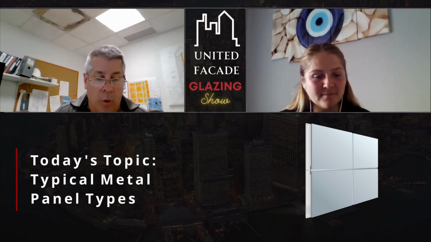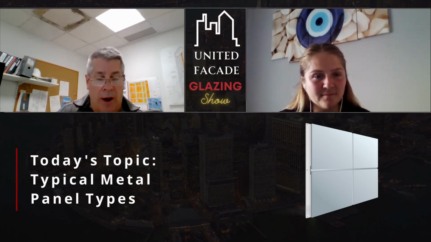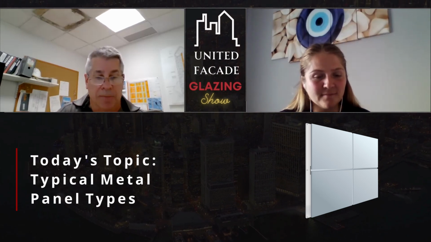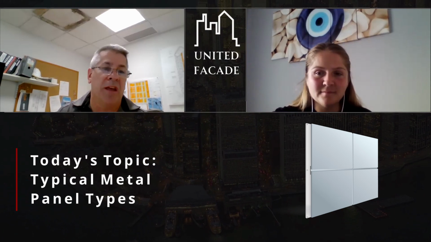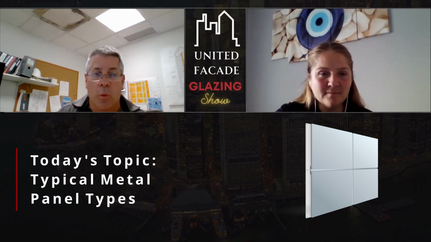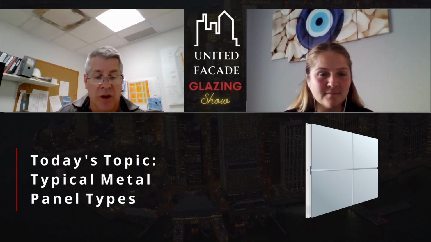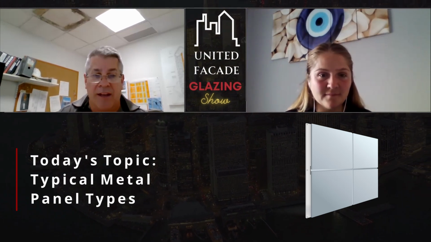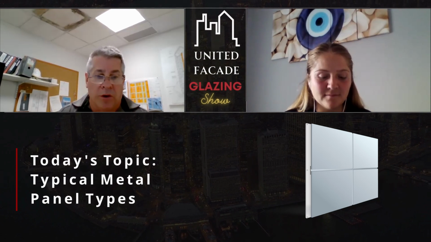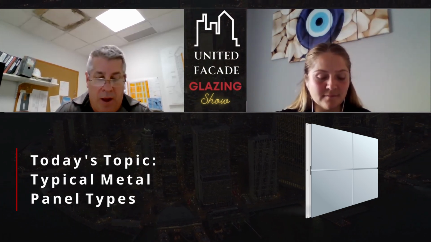Since an ACM panel is plastic-cored, the same square footage is probably one third to one quarter of the weight of a quarter-inch aluminum panel, just because you have plastic rather than a metal or solid material in there.